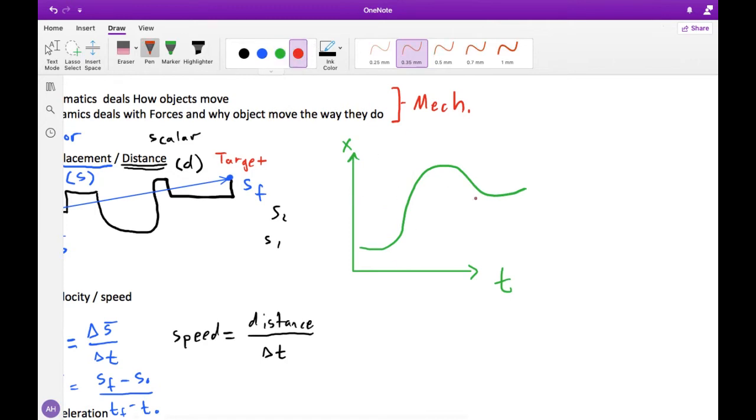And so if we choose 2 points on this graph to find the average velocity, let's say we choose this point here, which is our X final, and some point here, which is our X initial.